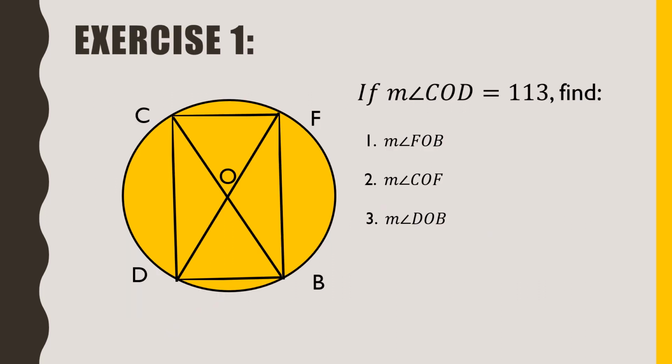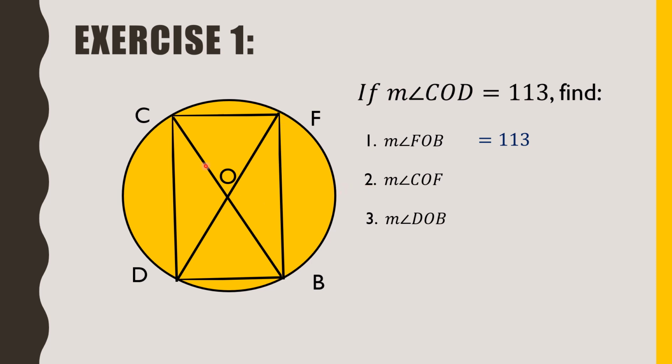Let us deal with exercise number 1. If the measure of angle COD is 113, find the measure of angle FOV. Since COD and FOV are vertical angles, therefore, the measure of FOV is 113. For number 2, what is the measure of angle COF?